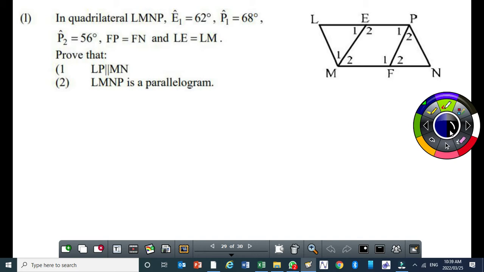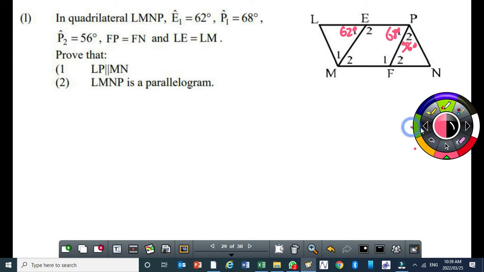Okay. So, in my case, first thing I'm going to put the information that I'm given. E1 is 62, so this is 62 degrees. P1 is 68 degrees, and P2 is 56 degrees. And then we are told that FP is equal to FN.